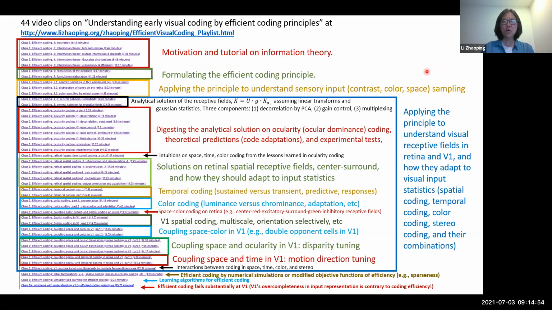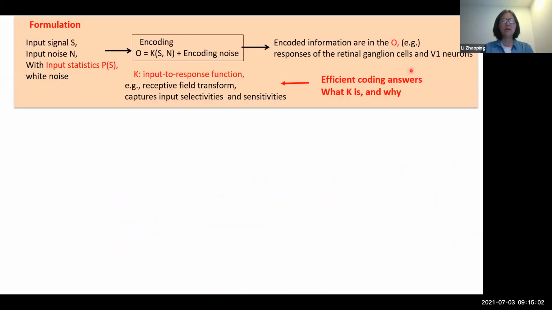Okay, so that's more or less the 44 videos. The formulation is just, in the beginning, what do we mean by efficient coding? The idea is we have the signal S and noise N coming in. They have particular input statistics. What does that mean, input statistics? That means the signal follows a particular probability distribution.